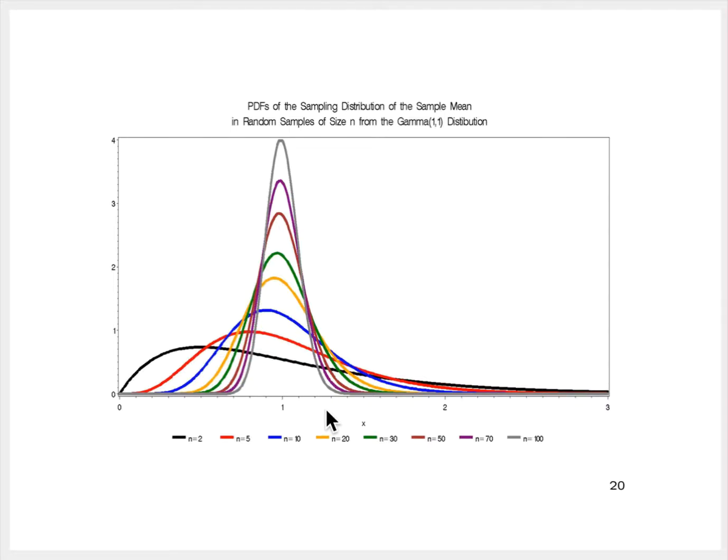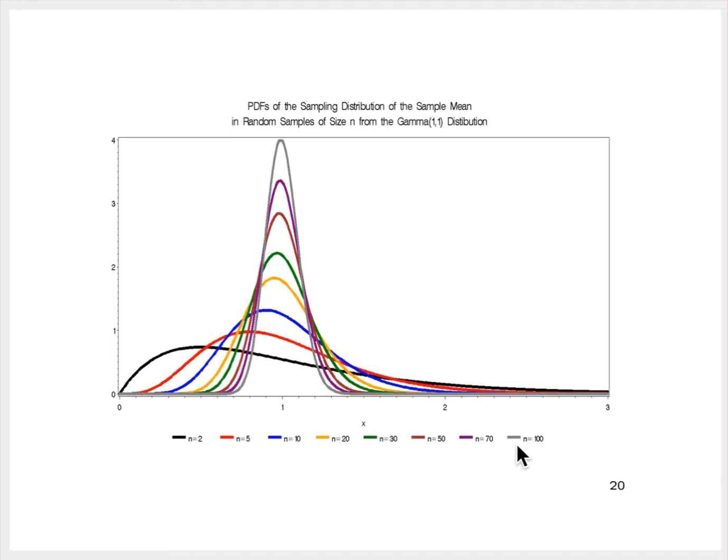It's becoming closer and closer to being symmetric. When we look at the graph for a sample size of, let's say, 50, it's really becoming difficult to detect skewness, at least visually. For samples of size 70, the purple curve, it looks fairly symmetric, although we know that it has some skewness still.